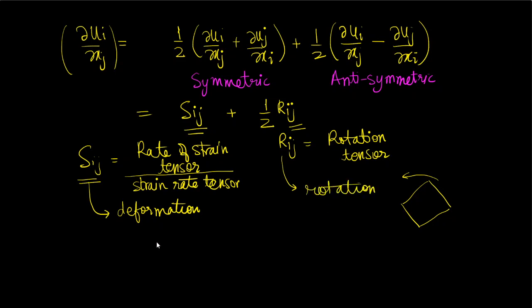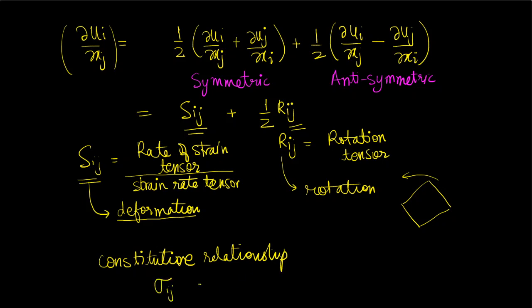And as in solid mechanics, we want to relate the rate of deformation in the case of fluids with the stress induced in fluids. So in order to form what we call a constitutive relationship, we want to relate the state of stress as a function of the local rate of strain tensor. Hence it is important for us to decompose the velocity gradient into a symmetric and antisymmetric part.